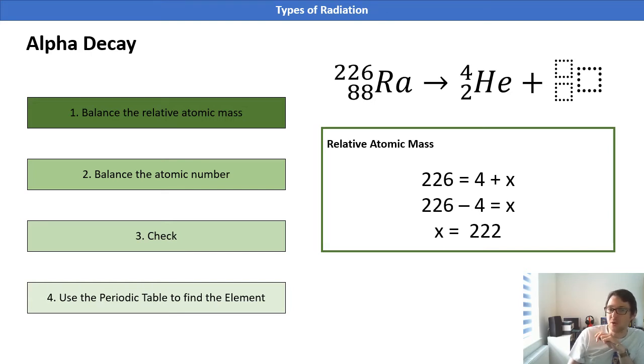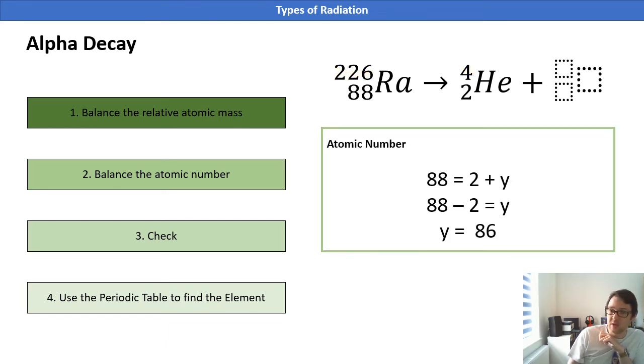So here I've got 226 is equal to 4 plus an unknown. Hopefully you realise that 222 plus the 4 will give me 226, so the top number of our unknown element is 222. Now we'll do the same for the bottom number.